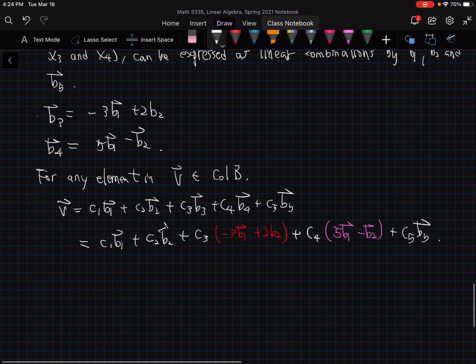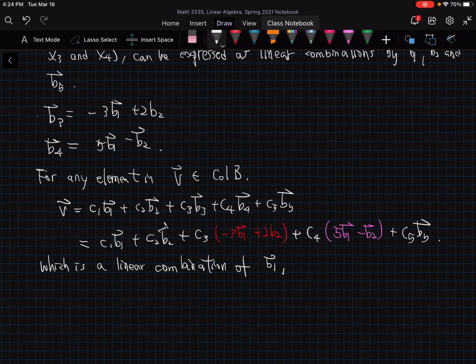So which is linear combinations of B1, B2, and B5 only.